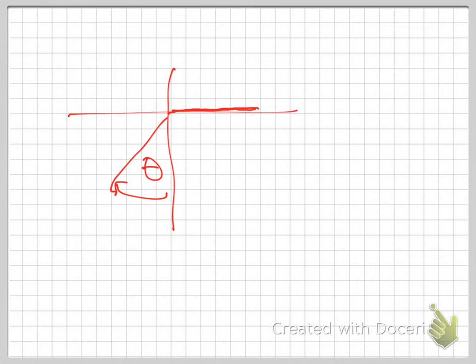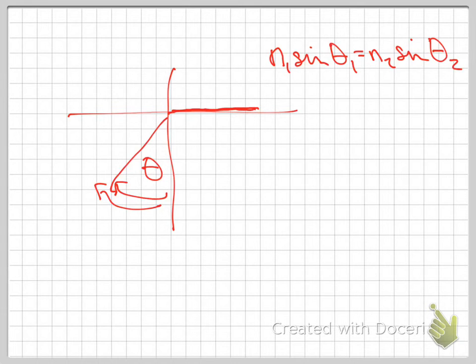If that angle is too great, your calculator won't be able to give you an answer. So what you're really looking to do is to set up this equation, figuring out what this angle has to be to make this angle be 90 degrees.